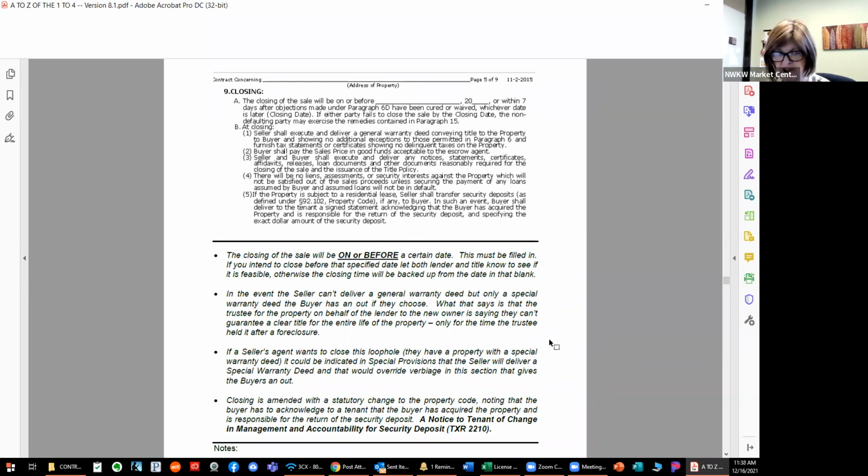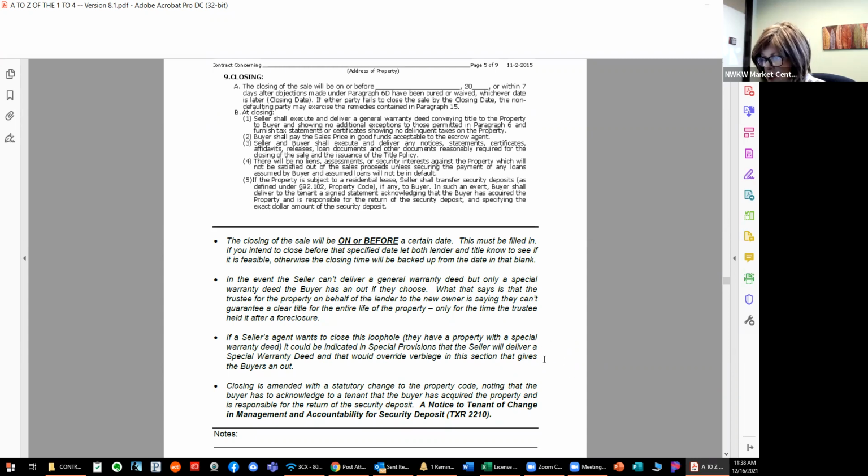And that's typical, that's normal. So one is not better than the other. It's just they're saying they do not have any knowledge past the point of when they owned it. And that's usually sufficient. But if the seller agent wanted to close the loophole, I've got information there on how they would do that.